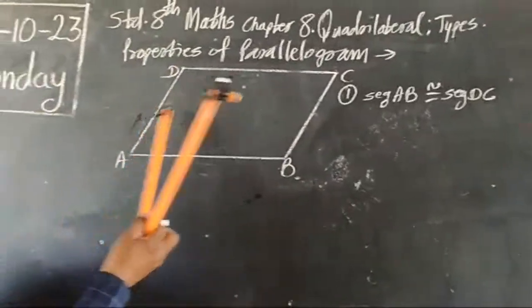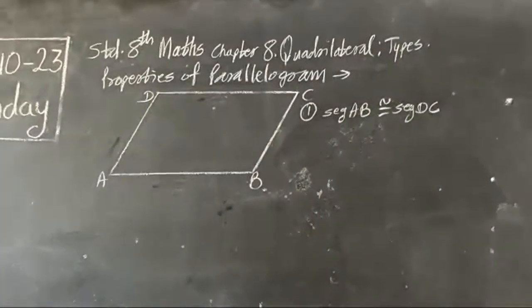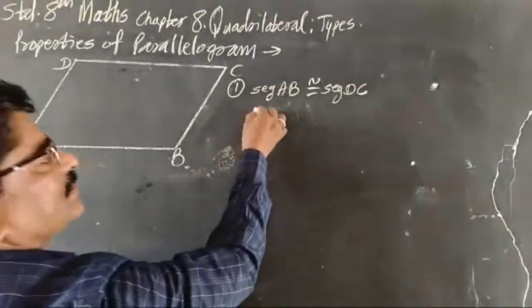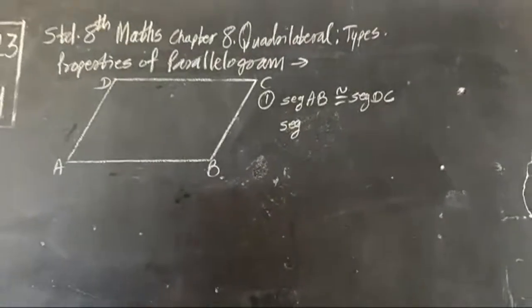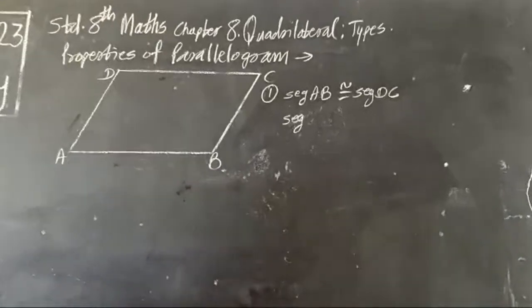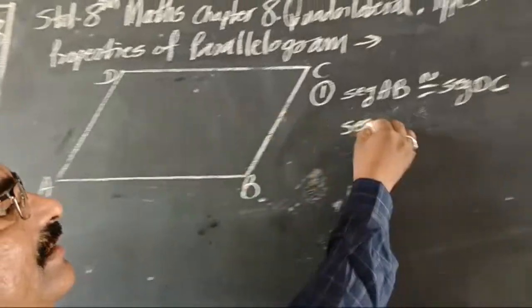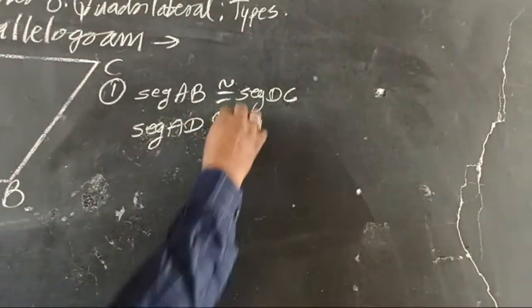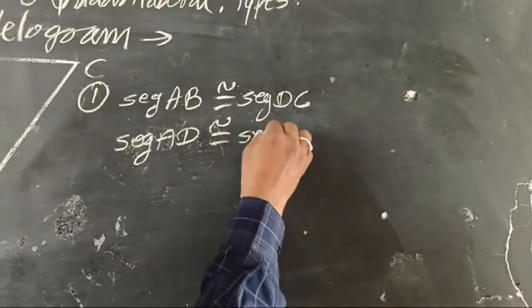Lengths are equal, which means both sides are congruent. Segment AD, correct, is congruent to segment BC, correct.